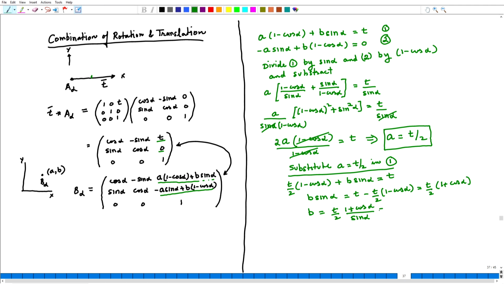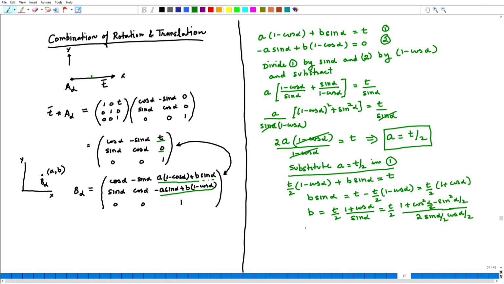Now, further we can rewrite this 1 plus cos alpha, and instead of writing cos alpha, I can write this as cos square alpha by 2 minus sin square alpha by 2, divided by the same thing here, 2 sin alpha by 2 cos alpha by 2.